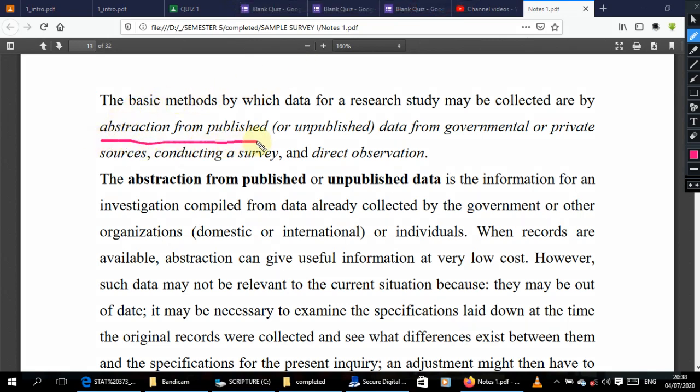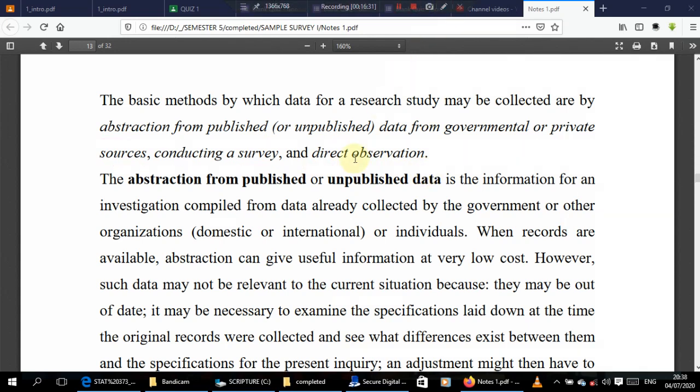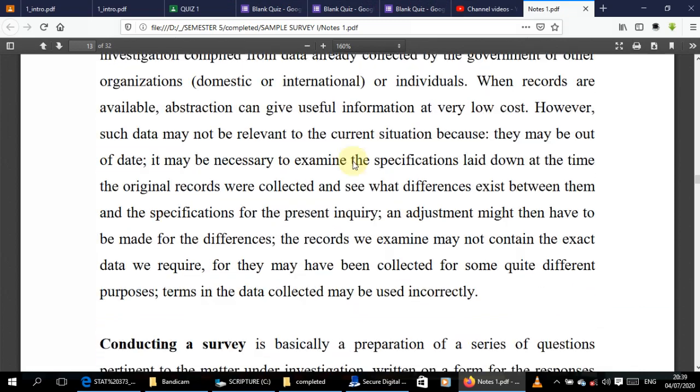Abstraction of the data from published and unpublished sources is a typical secondary source. You did not collect it; you picked it from somewhere. Conducting the survey to get the data yourself is a primary source. Direct observation is also a primary source of data.